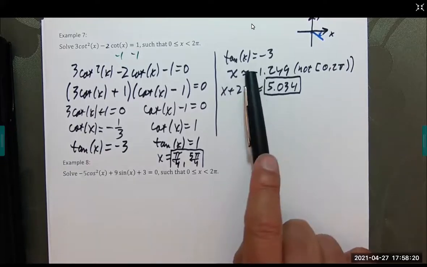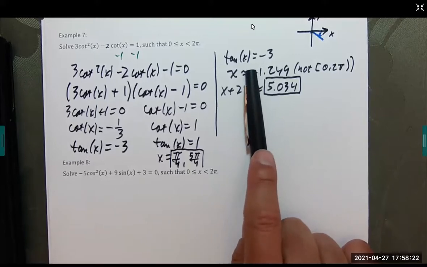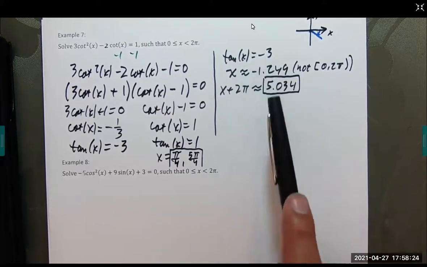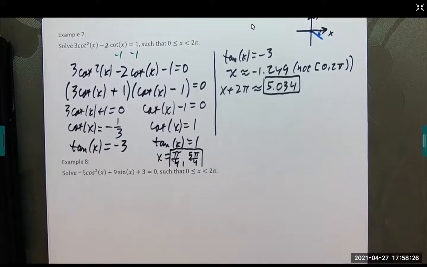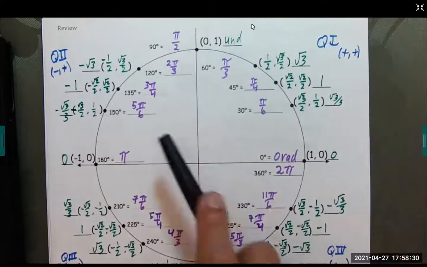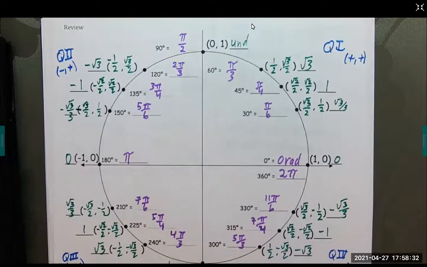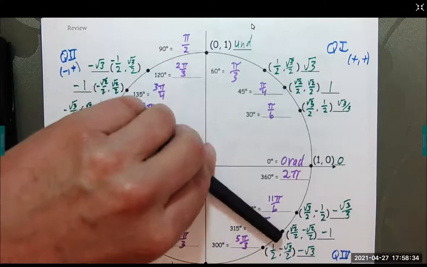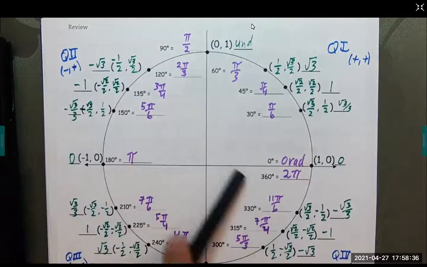Now, again, tangent is negative, pardon me, in quadrants 2 and 4. We just found the angle in quadrant 4, wherever it ends up. It's not one of these.